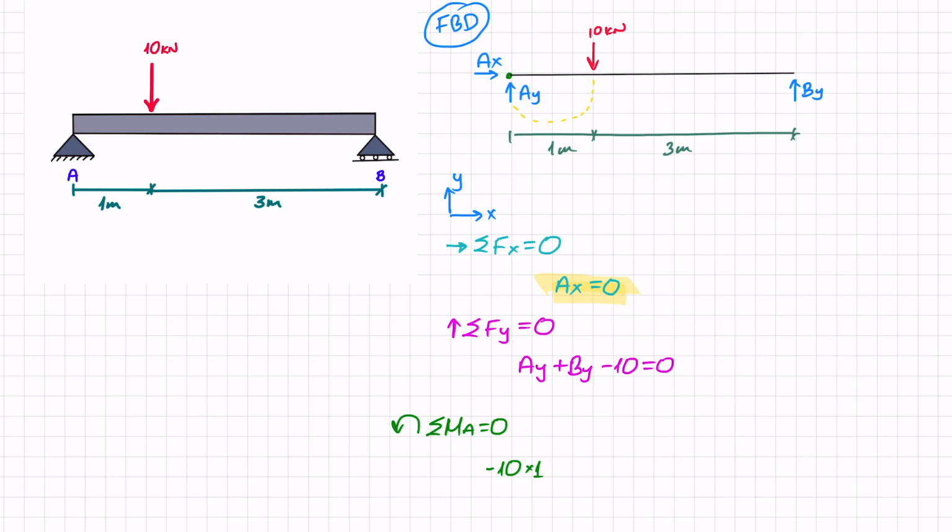Now I want to clarify something. When I have a force, the distance is always the perpendicular distance. And that means that if I have a force in y, I am always going to need a distance in x. Likewise, if I have a force in x, the distance that I need is always going to be a distance in y.